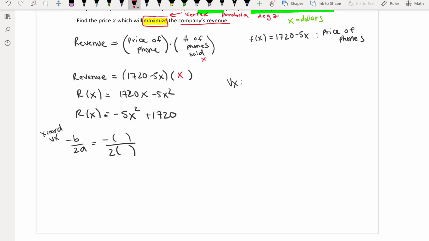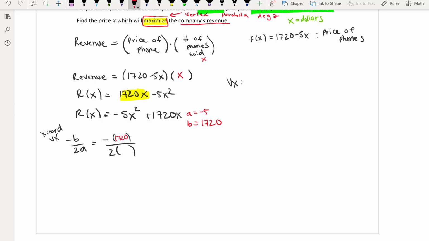I have my a value as negative 5, my b value as 0, and my c value as 1720. Actually, scratch that. I forgot something here, didn't I? This is 1720x, so I should have had an x here. My bad. I should really say that my b is equal to 1720. There we go, that makes a lot more sense. So my b value is my 1720.